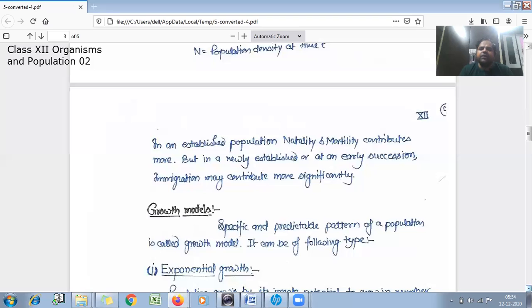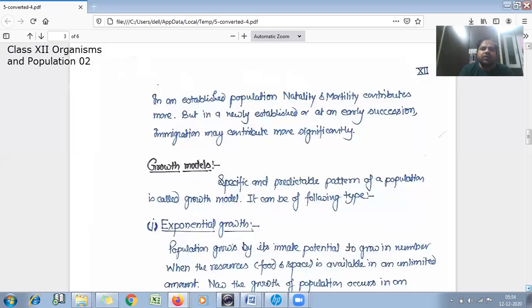But in case of a newly establishing population, or in a new succession, immigration may regulate the population density more significantly. It means different populations will be regulated by different factors in different significant manners.